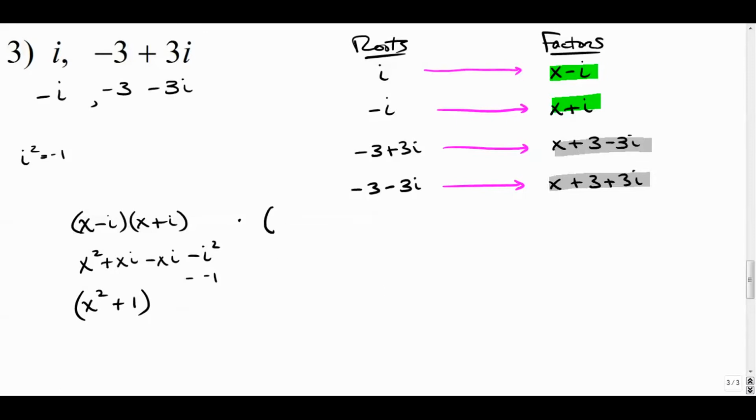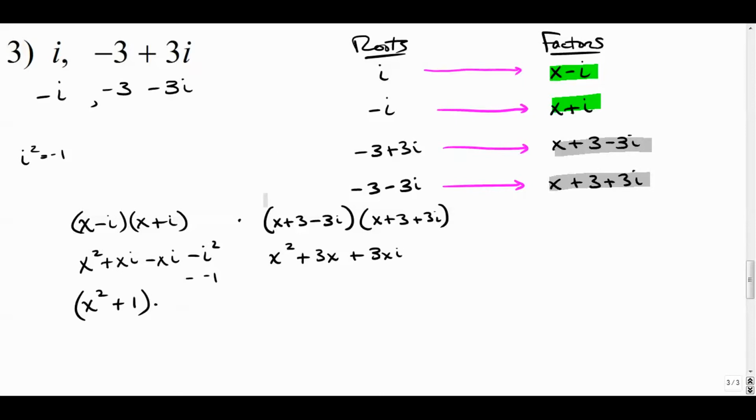The grays are a little bit more complicated. x plus 3 minus 3i, x plus 3 plus 3i. So let's multiply these two together, and then we'll be almost finished. So here we go. x squared plus 3x plus 3xi.